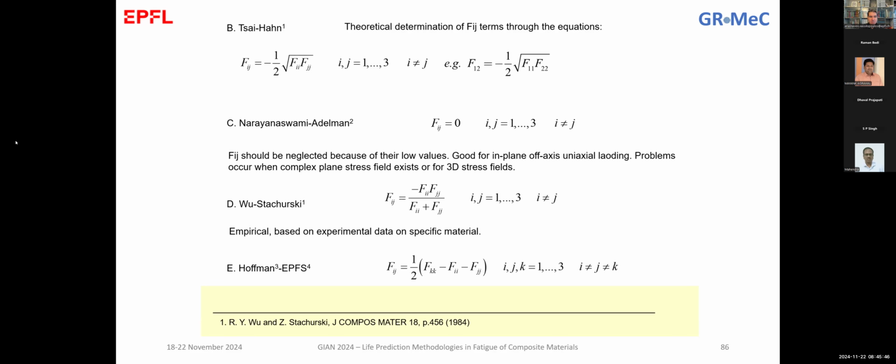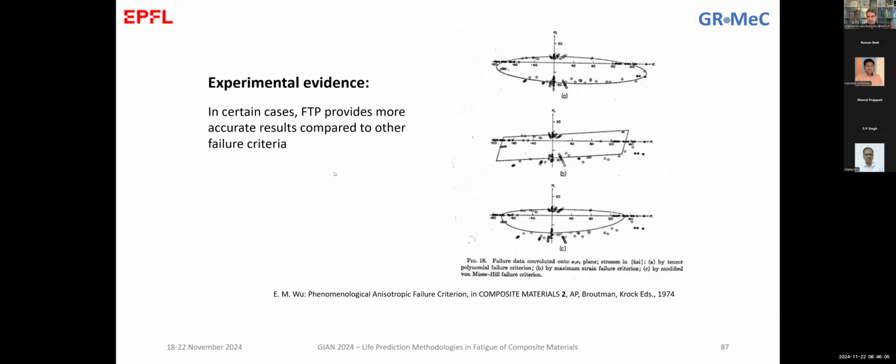What we've seen with experience is that simple terms like this one are sufficient to fit most of the material systems that we have. So, as said, experimental evidence is the only criterion.